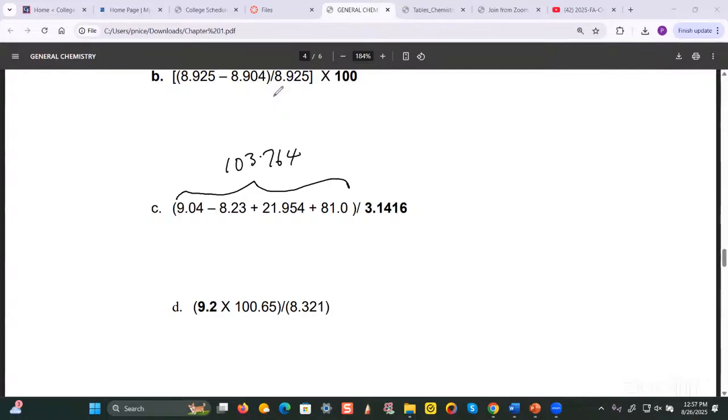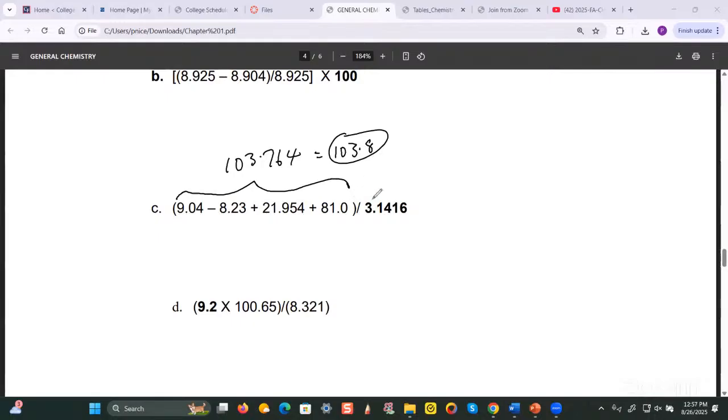So what's the lowest number of decimal places we see here of the numbers in the parentheses? 1, the 81.0. There's only 1 decimal place right there. So that means you have to round off the 103.764 to 1 decimal place. So when you do that, it rounds off to 103.8, exactly.